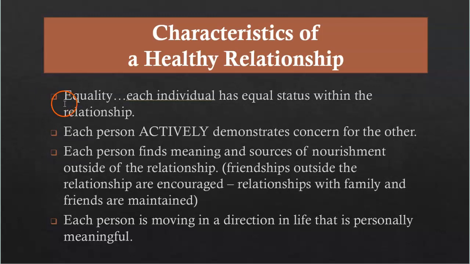Now, where this may not actually play out, and I think it's understandable, is in our relationships with our elders or our parents, especially when we're still living at home. The power may not be equally shared, or the status may not be exactly equal.